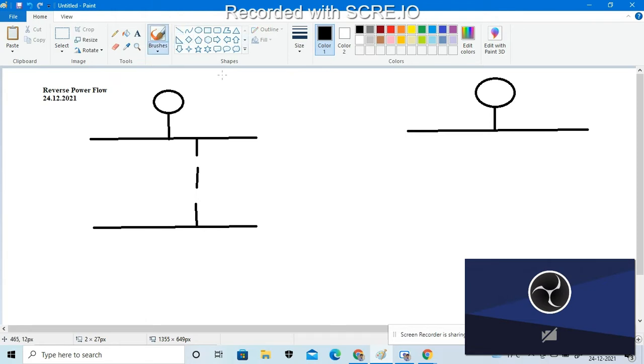So in this section, we have connected a utility circuit breaker over here, and the power flows in this direction.